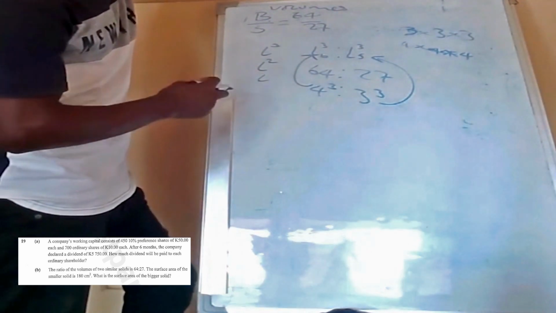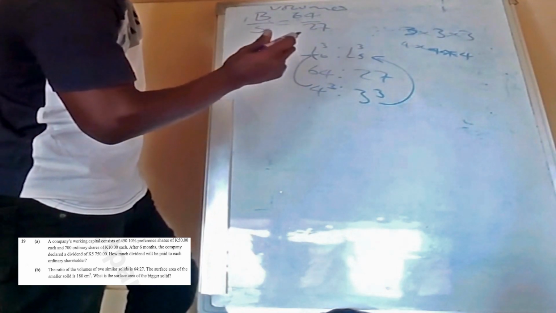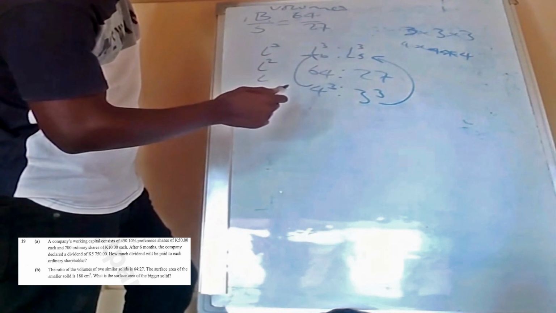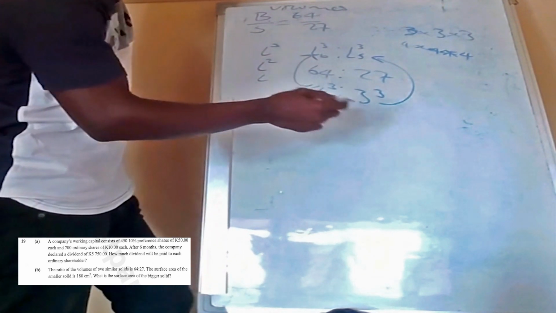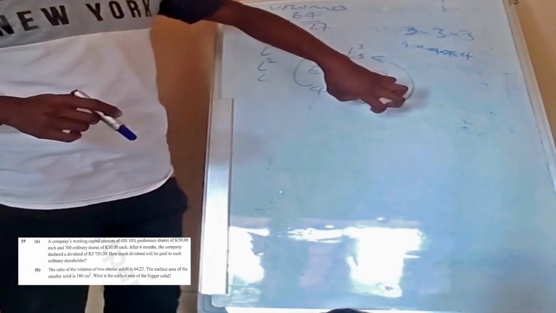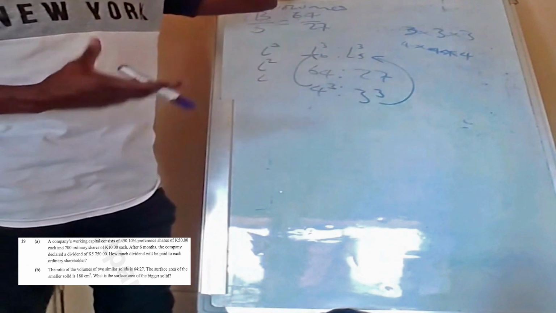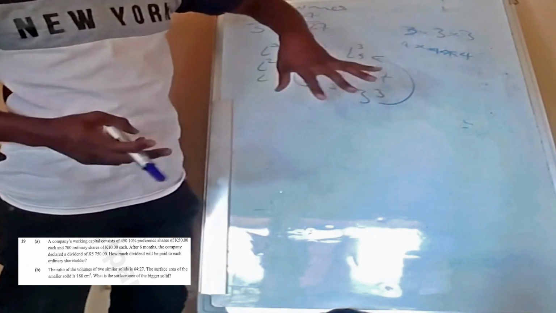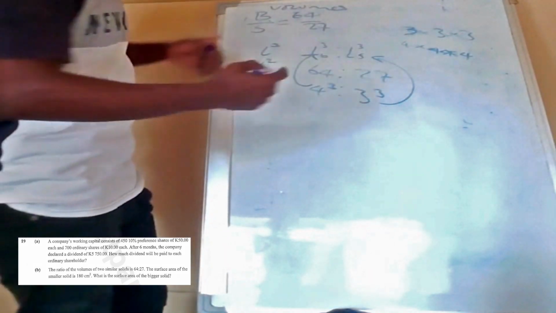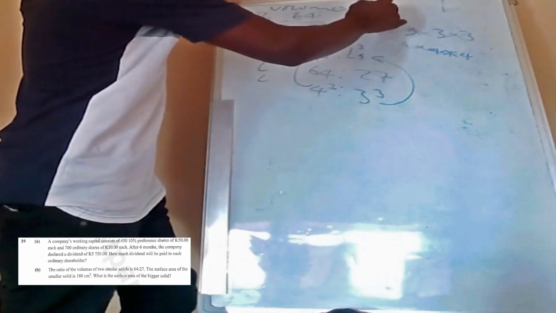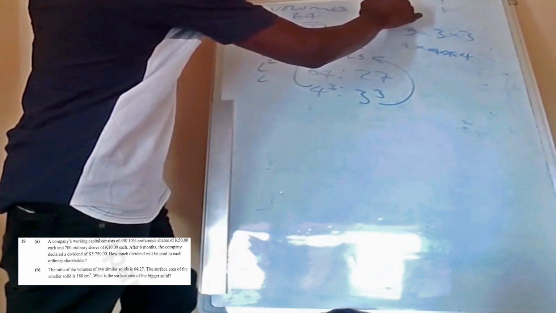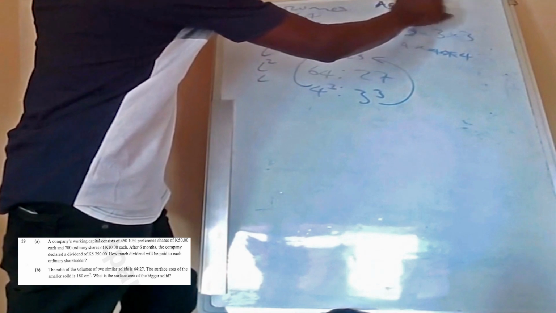And to find the area, this is the ratio that we've used to find the volume, and it's also the ratio that you can use to find the area. We've been given the area of the smaller one to be 180. So we can say area of small AS is equal to 180.